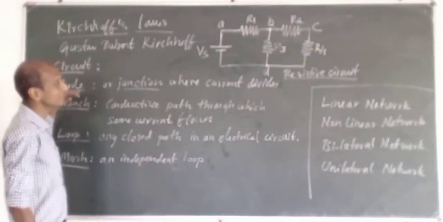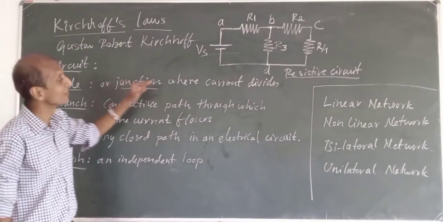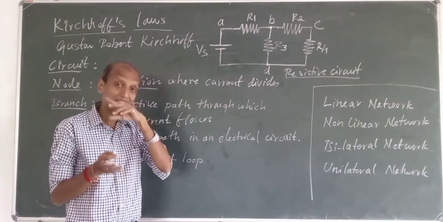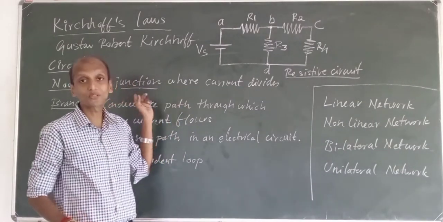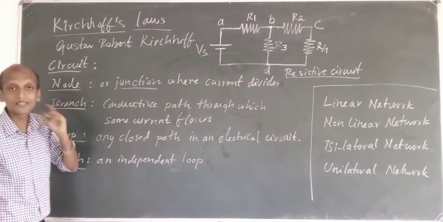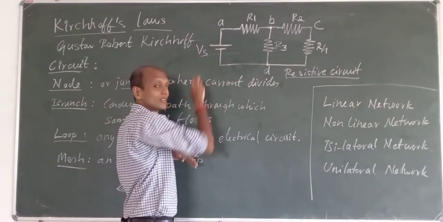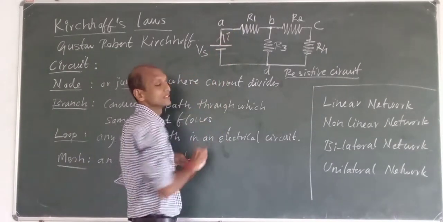So a node, or junction, is where the current divides. When there is some current flowing, the point where the current divides is called a node or junction. Here we have applied some voltage Vs, and because of that some current I flows.